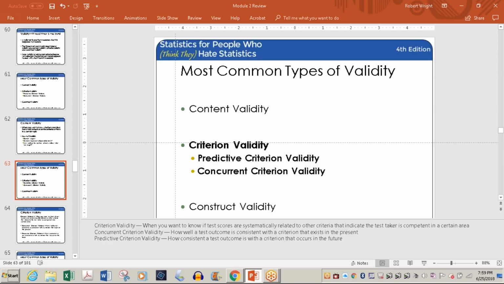Would an example of criterion validity be when you're asking two questions that should be measuring the same concept and looking for consistent answers from the same respondent? Yeah. Again, concurrent is how well the criteria is consistent with what exists in the present, and predictive is how consistent the outcome is with what you're predicting to happen in the future.